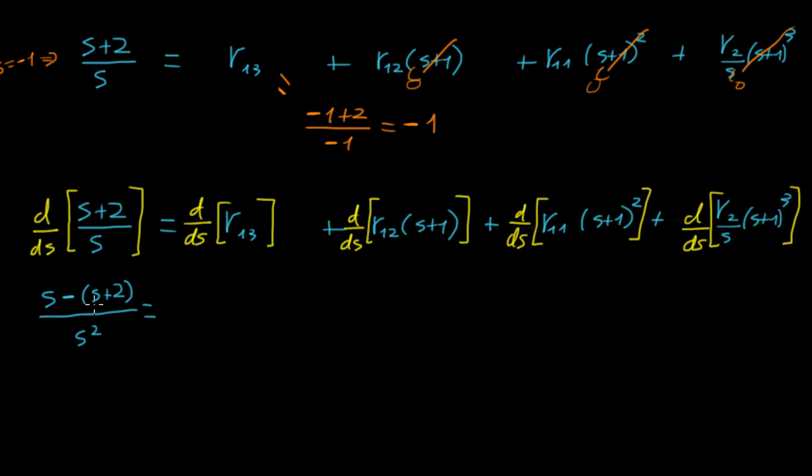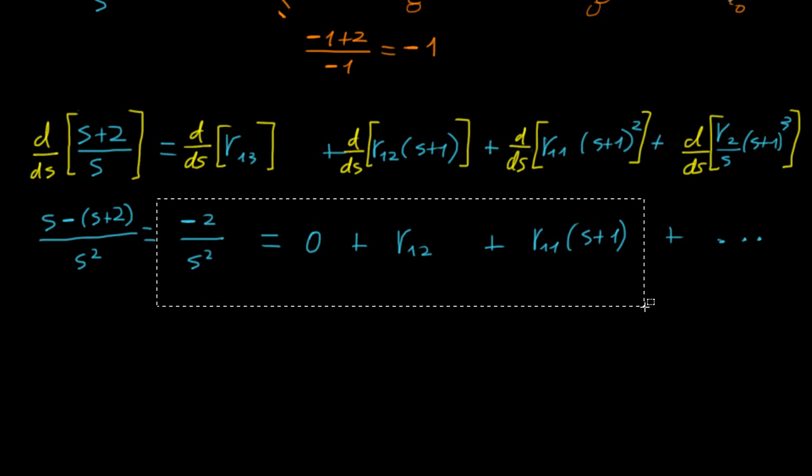This is s minus (s + 2), which is minus 2 over s squared, and this is equal to the derivative of a constant, which is 0, plus r12 plus r11 times (s + 1) plus something we don't care about because we know it will eventually be 0.